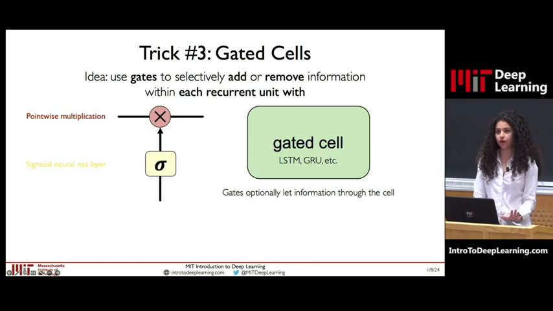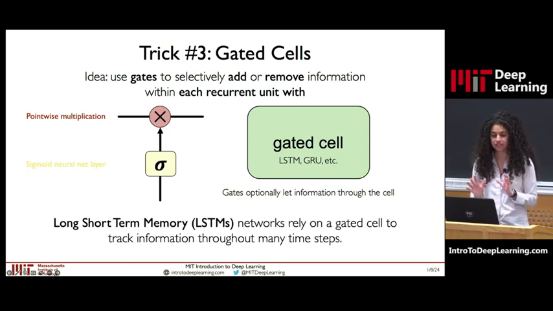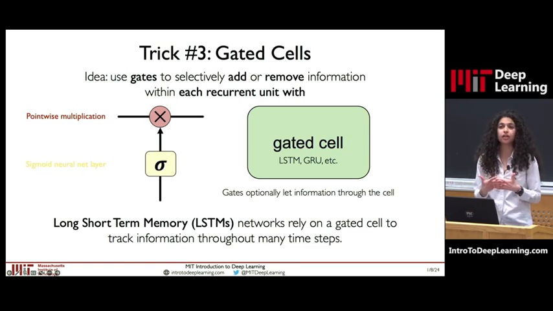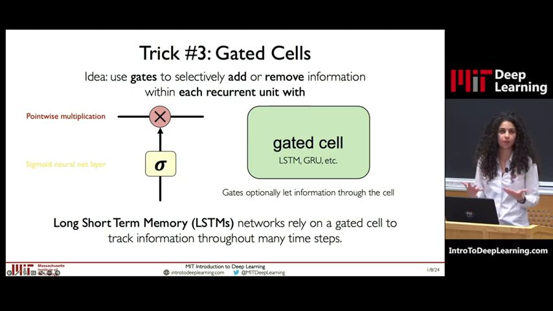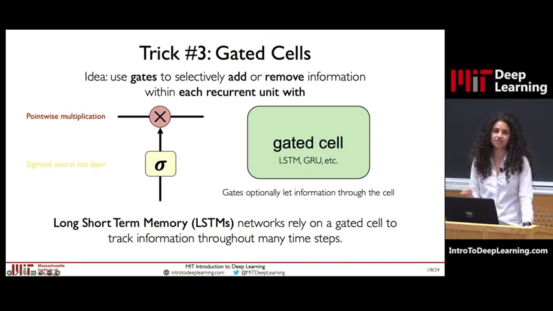We're not going to go into detail about how gating works mathematically for the sake of time and focus, but the important thing I want to convey is that there's a very common architecture called the LSTM, or long short-term memory network, that employs this notion of gating to be more robust than just a standard RNN in being able to track these long-term dependencies.